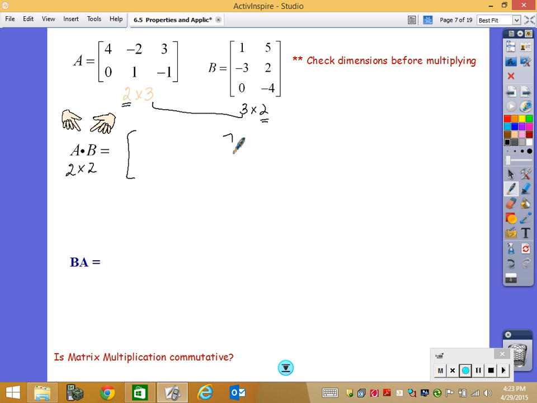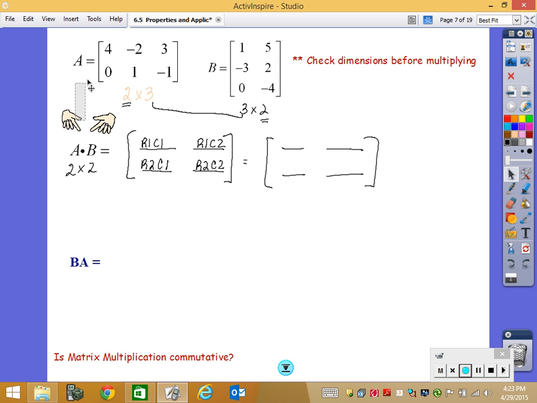So I'm going to start with the map. 2 rows, 2 columns. This one is in row 1, column 1. Row 1, column 2. Row 2, column 1. Row 2, column 2. So then I'm going to take row 1 and multiply it by column 1.